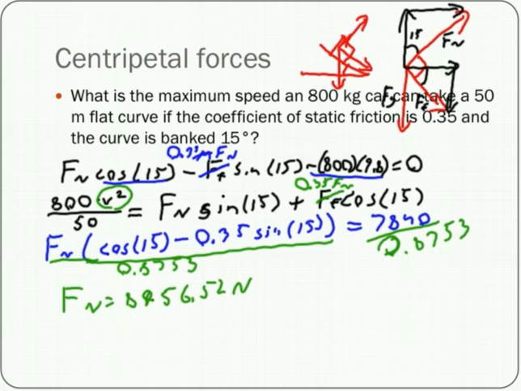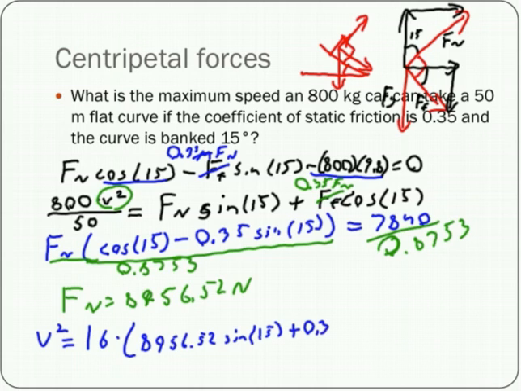Multiplying that over, we end up with v squared equal to 16 times the quantity of Fn, 8956.52, times sine of 15, plus 0.35 times Fn, which we said was 8956.52, times cosine of 15.